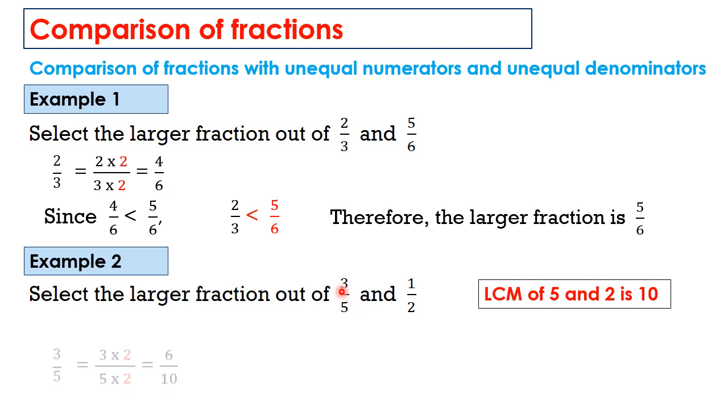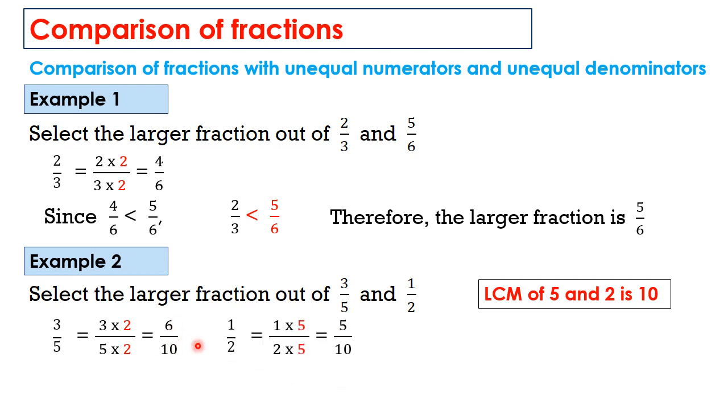So let's write 3/5 with the knowledge of equivalent fractions in terms of denominator 10. When you multiply by 2, 6/10. When half is written as an equivalent fraction, multiplied by 5, 5/10.